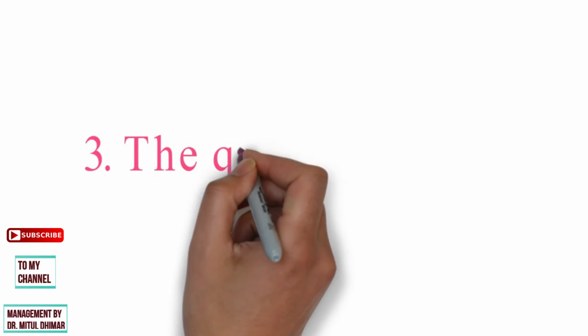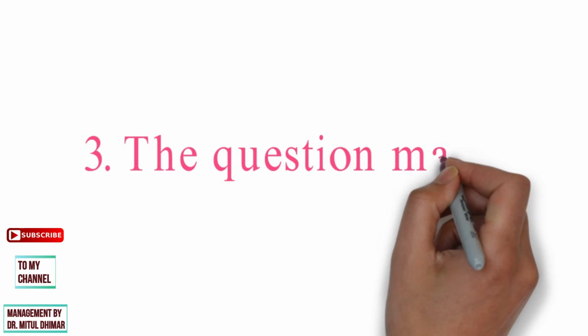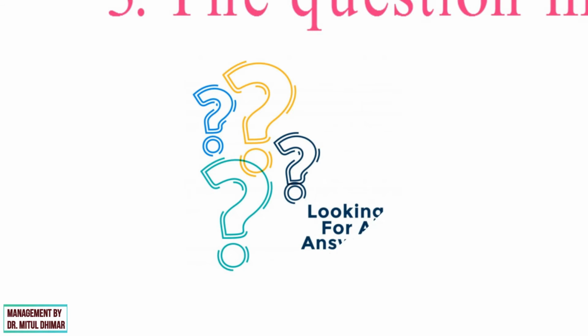Number 3. The question mark. The question marks in the BCG matrix are products for which the future is not entirely certain. Market growth is high, but market share is low. The company must make the choice: invest in marketing and try to make the product a star, or let the product flow to become a dog, or in other words, stop investing and even stop the product in the future.